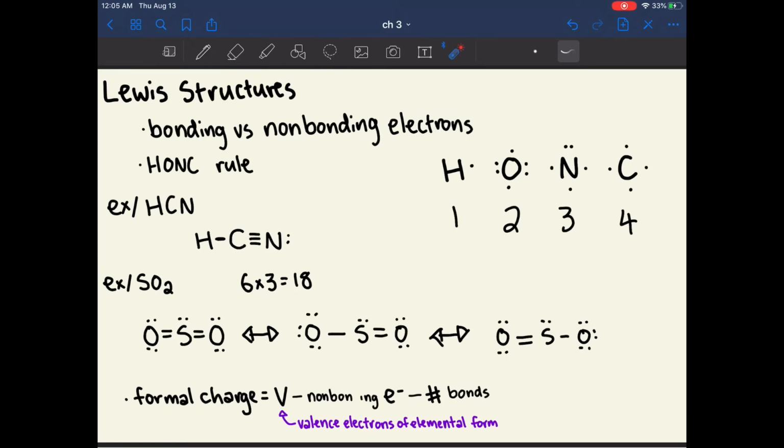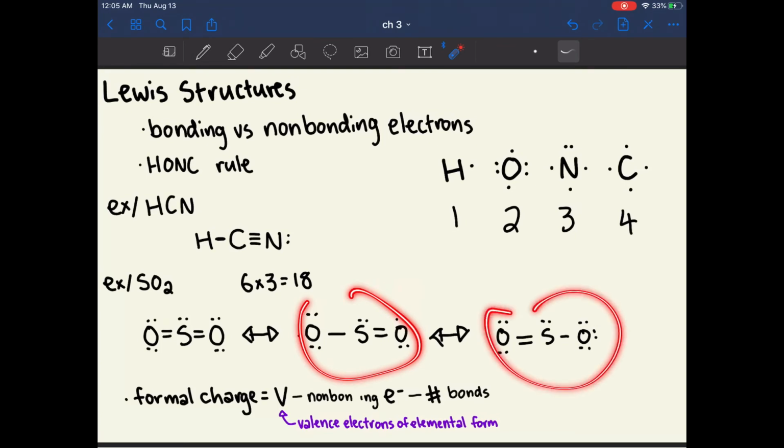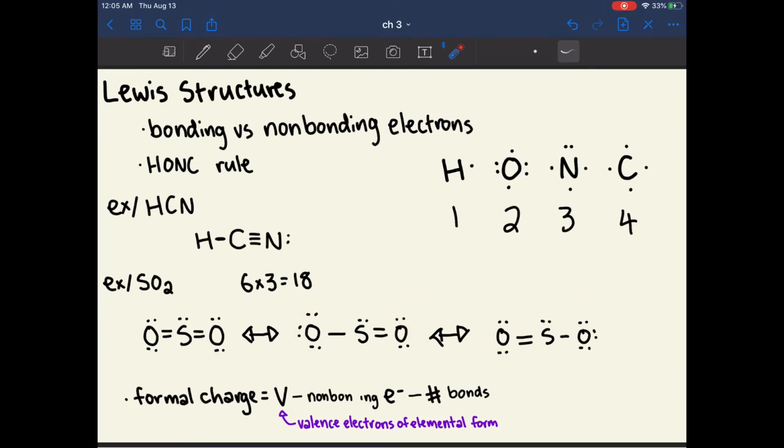So although these two are mirror images and they might seem alike, this oxygen is not the same oxygen as this oxygen. And so these two are 2 different Lewis structures. So how do we decide between these 3 very possible structures which one is the best?